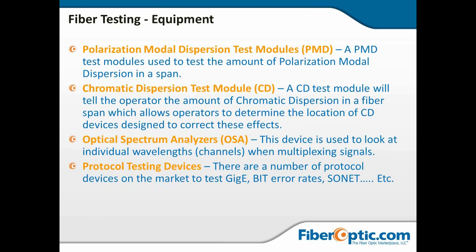Some other test equipment that we might want to specify as we do our design. We might want to look at polarization mode dispersion. We might want to look at chromatic dispersion. Those are primarily our limiting factors for distance. I used to teach in class that there was no practical limit to the bandwidth on a single mode fiber.